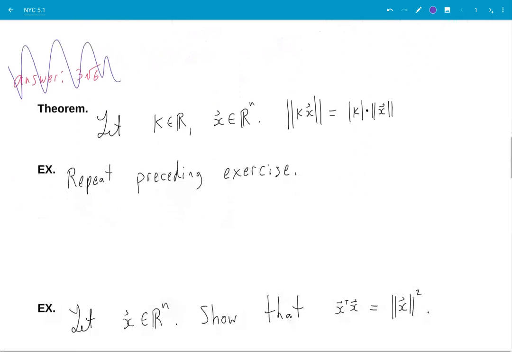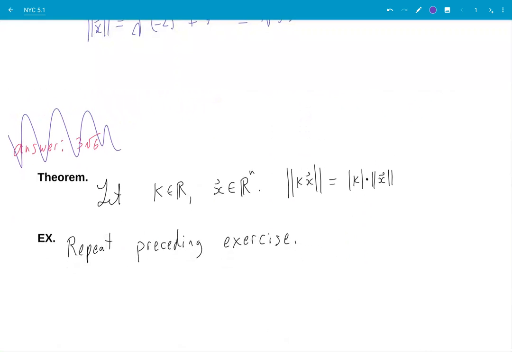Now, for this example, I'm telling myself to repeat the preceding exercise. Let's not do that. Let's do something different. How about we do 27, 9, 18. What is the length of this?